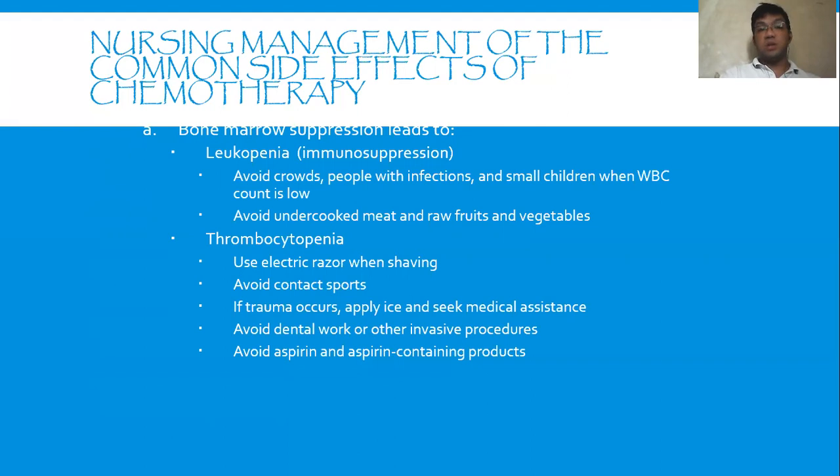So if the patient is suffering from this, we advise the patient to avoid crowds, avoid people with infections, and small children as well, since small children are easily infected when the white blood cell count is low. Advise the patient to wear a mask at all times when going out. And advise the patient to avoid undercooked meat and raw fruits and vegetables.